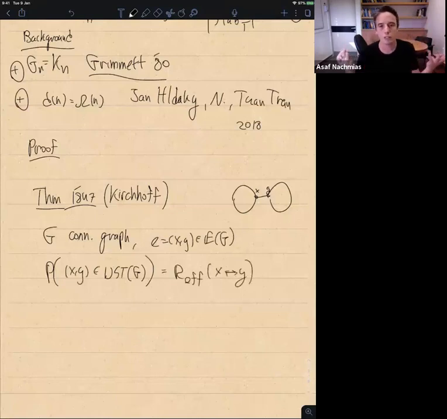What effective electric resistance is has many definitions, but we will mostly be thinking about it intuitively in terms of high school physics. So you think about your graph as an electric circuit, and you release a unit current flow from x to y.